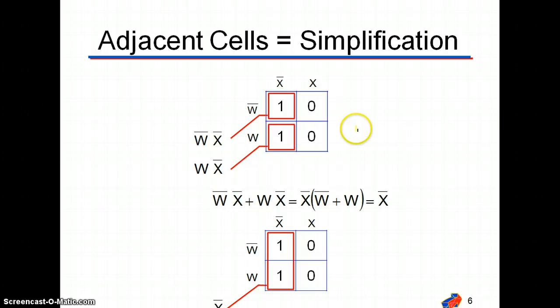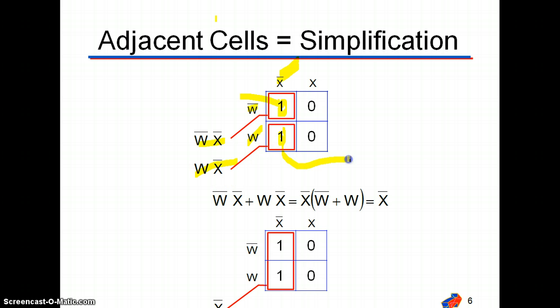Now, simplification. It is very simple to simplify a term using K-map. Here we are seeing this one present, this one present. This one corresponds to W bar X bar, this W bar and this X bar. Now this one corresponds to W X bar, so it becomes W X bar.